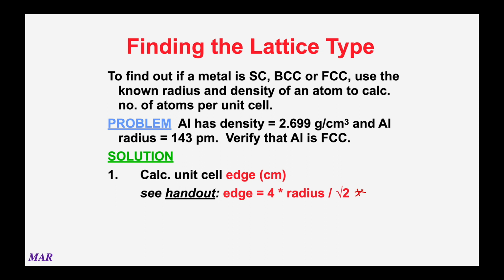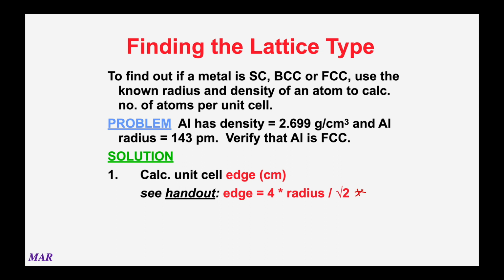So what we're going to do in this problem is start from the 4 times radius divided by square root of 2 to find edge, and then work our way over to 4 atoms per cell. We could have started with 4 atoms per cell and worked our way over to find the relationships on this side. But for this example, it's going to be easier to do it this way.